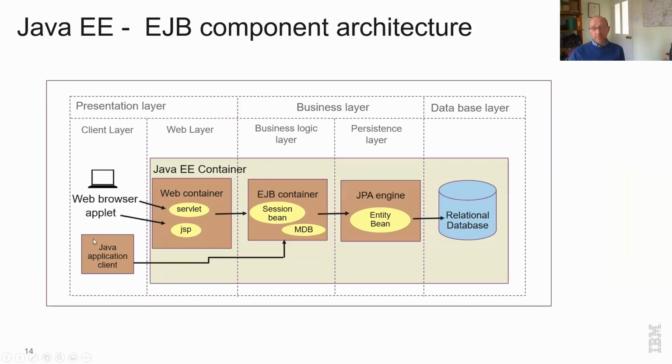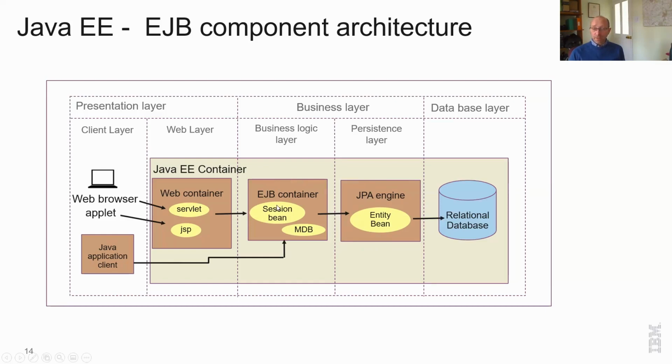Now, the next step on from that is the full Java EE environment. And you can see with Java EE, we've got a highly componentized layer with presentation layer, business layer, and the database layer. We've got the JPA support. With the JPA engine, entity beans were available in the old version of EJB, but now we've got JPA support.